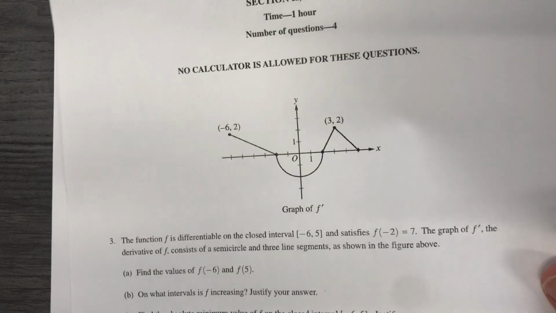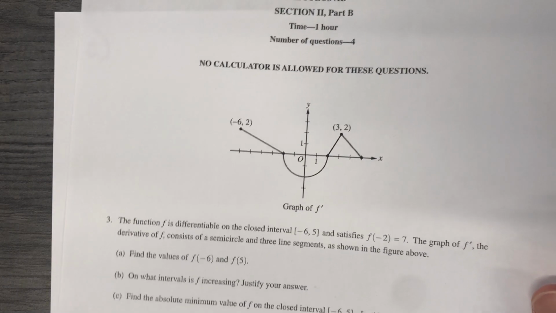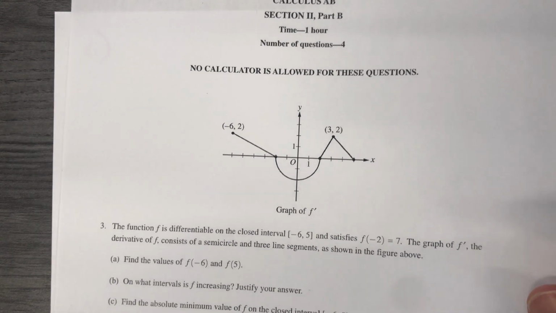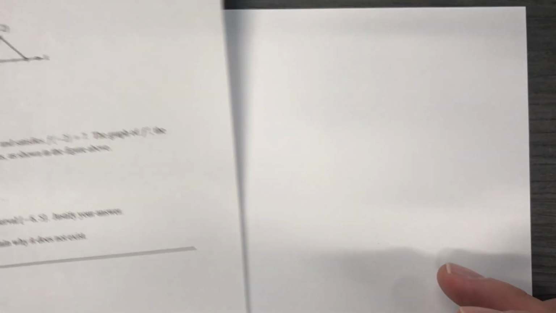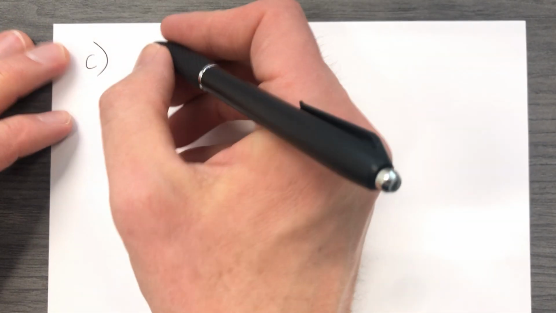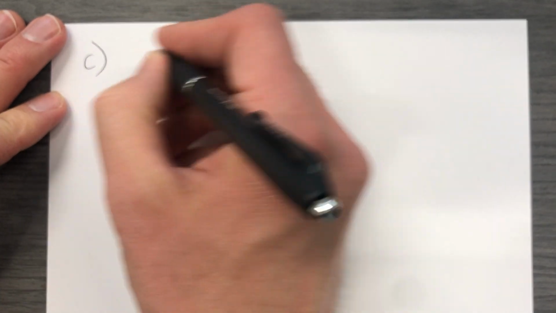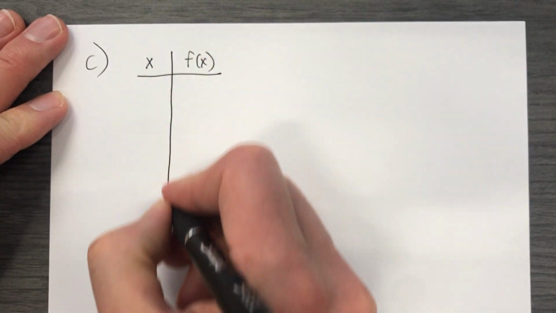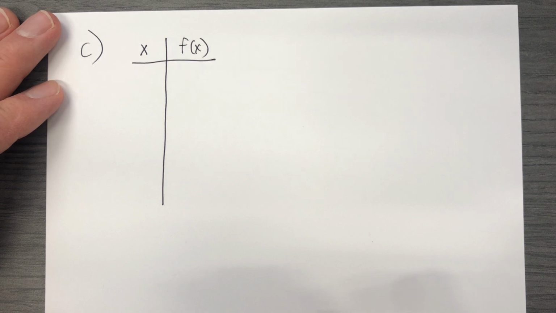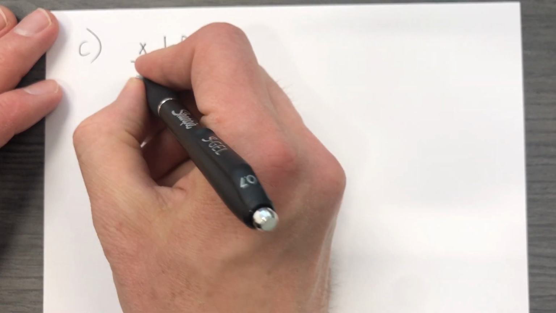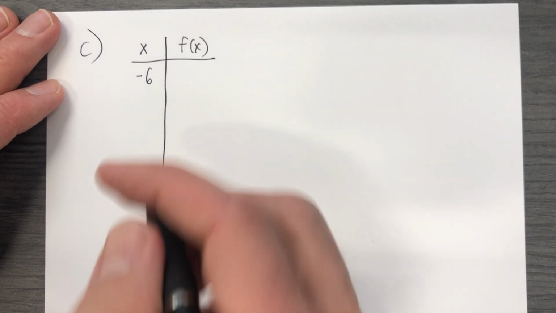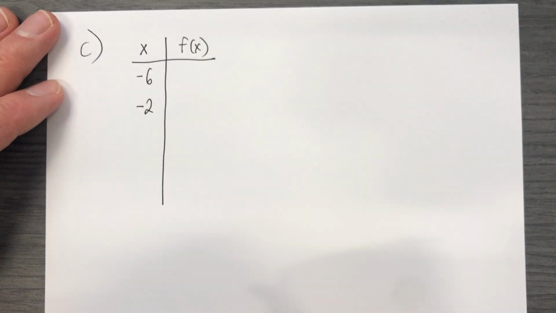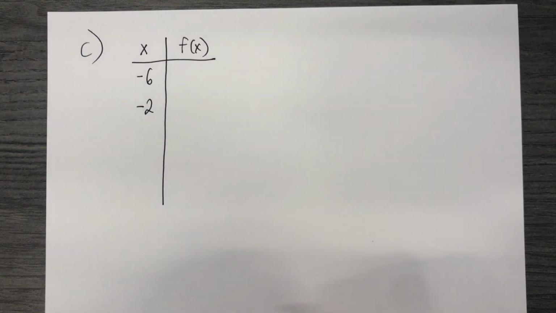So let's get started by making a table, and we're going to justify this as we go. So I'm going to start the work and then begin the actual justification. So here goes. I'm going to make a table of all the potential things that I could have as maximum or minimum values. Actually, minimum is what I'm going for. So endpoint of an interval, x value where the derivative equals 0.